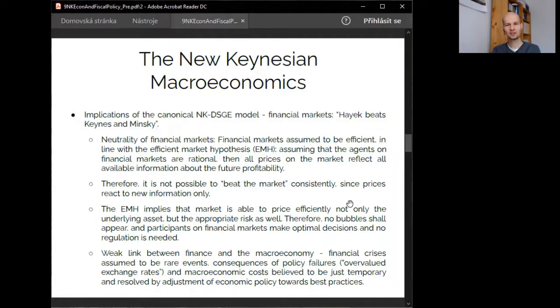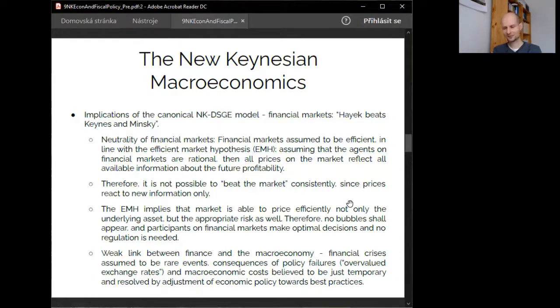If you have a look at the efficient market hypothesis, then bubbles are excluded almost by assumption, because it is believed that rational agents just do not allow for bubbles in their self-interest. Moreover, the formulations of the efficient market hypothesis implied that the market was able to price not only the underlying asset, but also the associated risk appropriately.